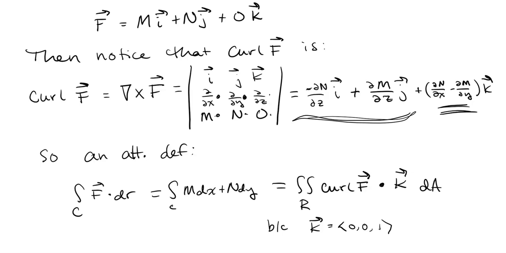So that's going to take this first component and multiply it by 0, and the second component and multiply it by 0. So all we'll be left with is this third component. So a way to remember Green's theorem is to do the curl of f dotted with k. We just want that third component of the curl if we add that third component of 0 on the z component, the k component of f.